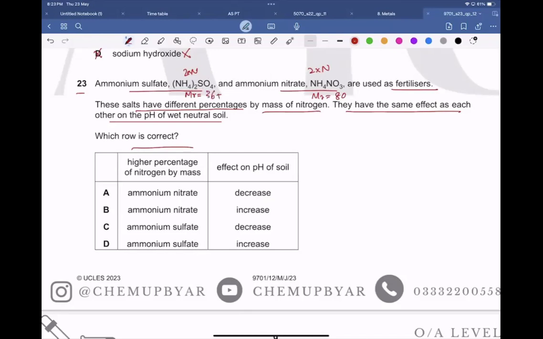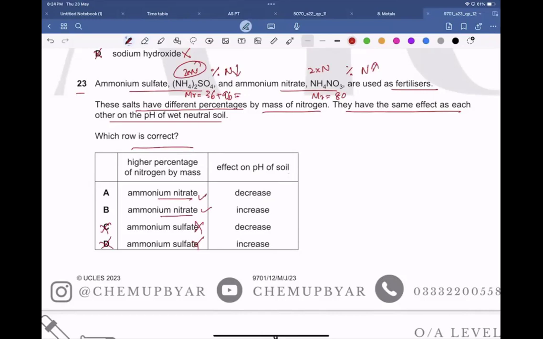So 36 plus 96, so it has a greater Mr, right? So the percentage of nitrogen in it is lower, and the percentage of nitrogen in this one is higher. So ammonium nitrate has a higher percentage of nitrogen and ammonium sulfate has the lower percentage of nitrogen. You can calculate it as well. Is this clear? So that's why I marked C and D wrong.